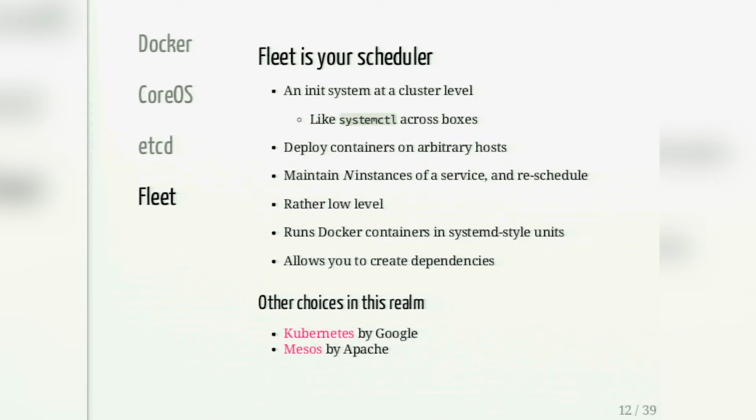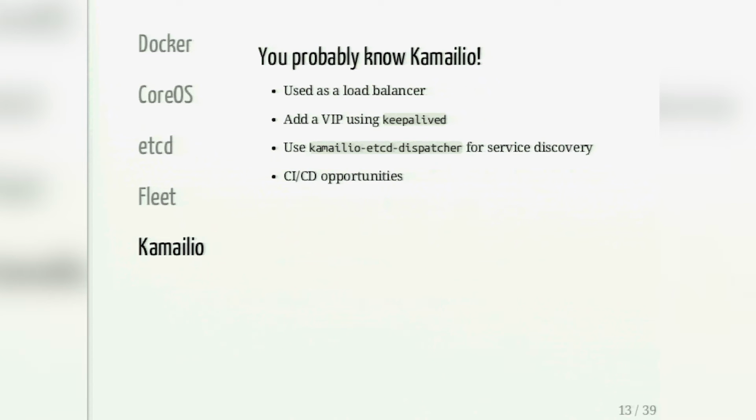We're going to use Comet.io. In this context, we're going to use Comet.io as a load balancer, and we're going to use it alongside Keepalived, which we're going to use to provide a virtual IP to provide high availability failover between Comet.io instances. However, I will say with the caveat that if you're using public cloud, it might not be the right choice for you.